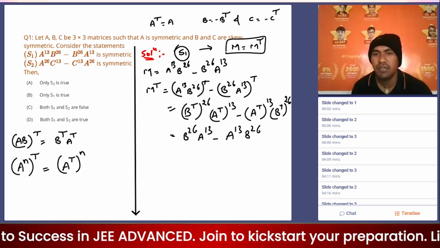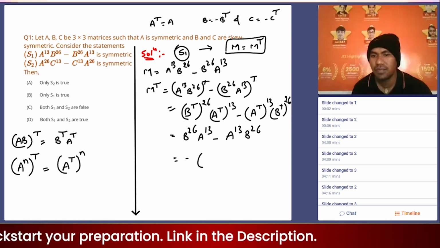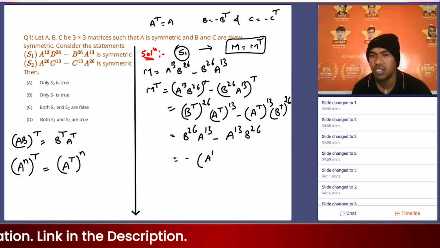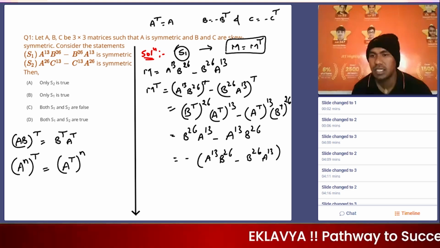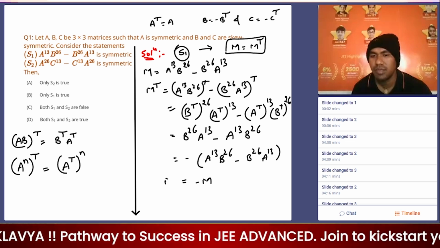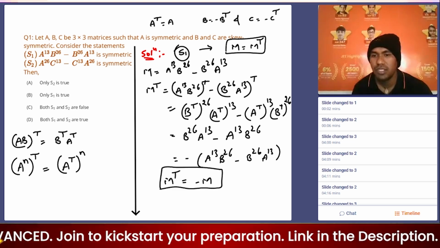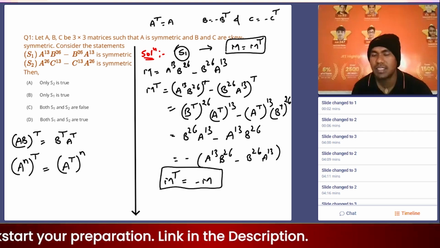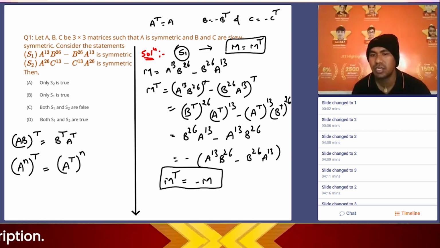Now if we see our M and M transpose relation, if I take minus common here, then you will get A^13 B^26 minus B^26 A^13. This is our matrix M. So M transpose is equal to minus M, which means the matrix M is a skew symmetric matrix, but they have given symmetric matrix only, right?